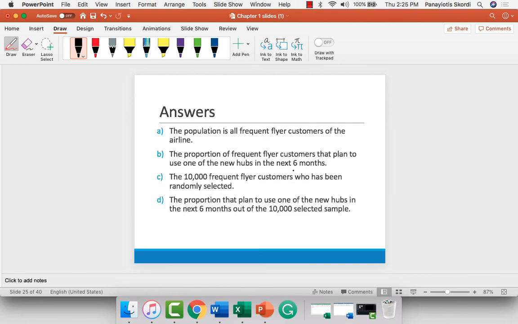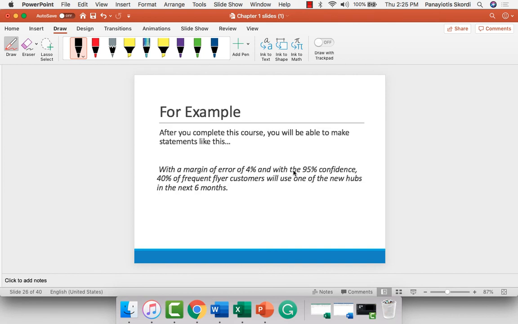So on the next page, there's some answers there. And this example is just alluding to something we're going to do later on in the course. We don't need to worry about it too much for now. It's talking about interval estimates. I briefly mentioned it a couple of slides ago.